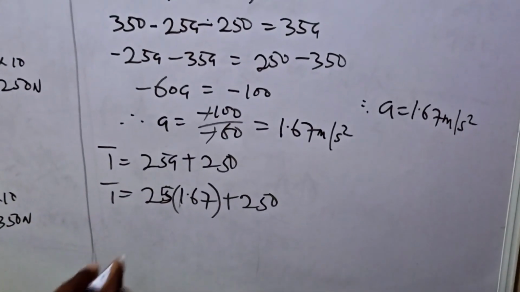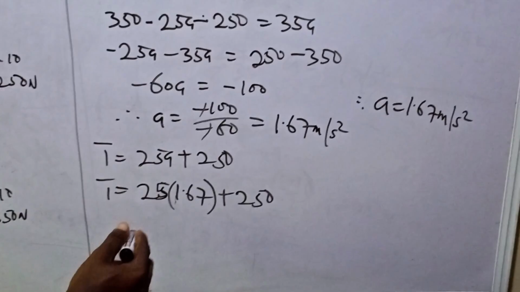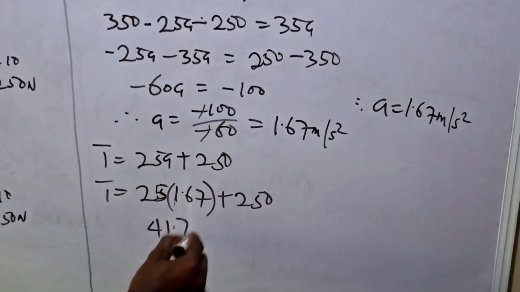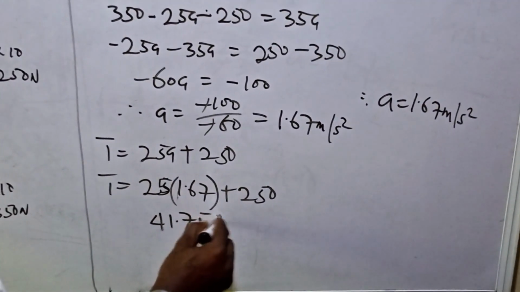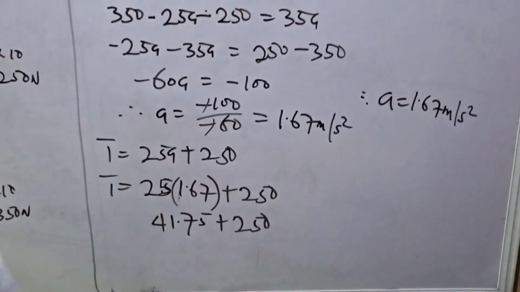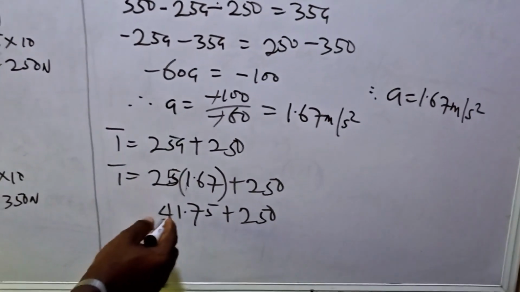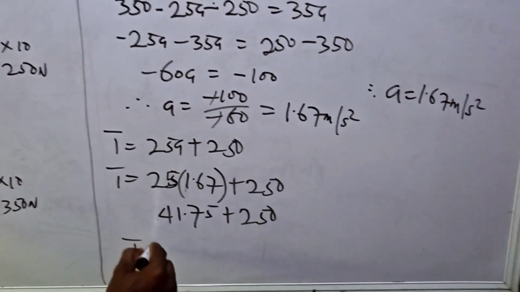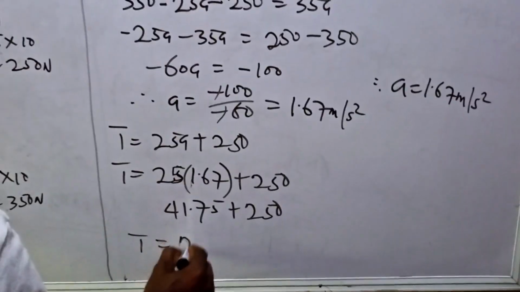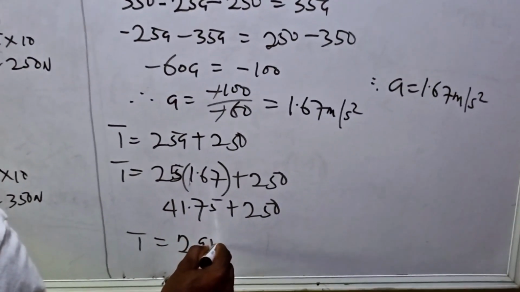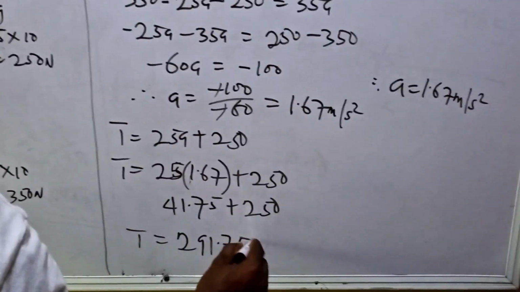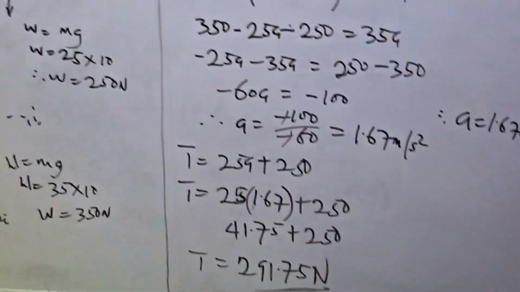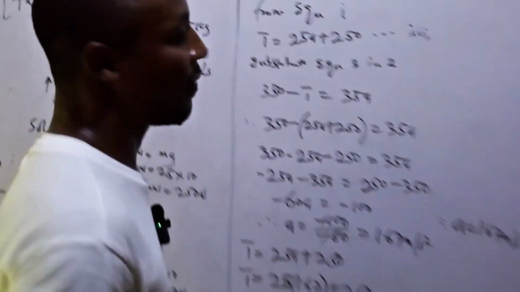Now if you multiply 1.67 by 25, you will have 41.75, plus 250. If you add 41.75 plus 250, you have the tension to be 291.75 Newton, as simple as this.